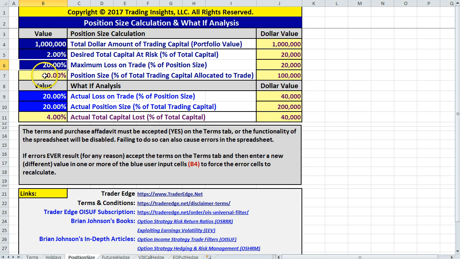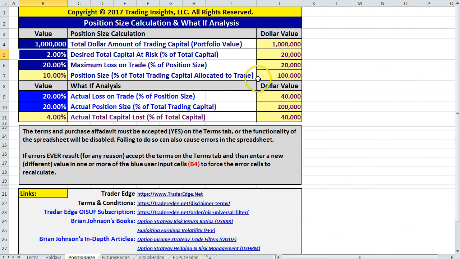In this particular case, we can accommodate a position size of 10%. Again, the formulas are provided in the article, but in this particular case, we see that if we have a 20% loss on a 10% position, the resulting loss would be 2% of our entire capital position.